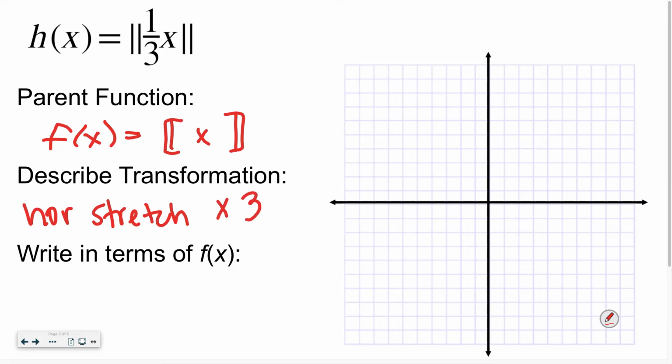Okay, when it's inside, we have to think of the reciprocal when we apply it. So we're stretching horizontally by 3. So all of our x's are being multiplied by 3. So our parent function looks like this. Right? Oh, I don't need this many steps, but that's fine. Okay. So what's the x value of this open circle right here?